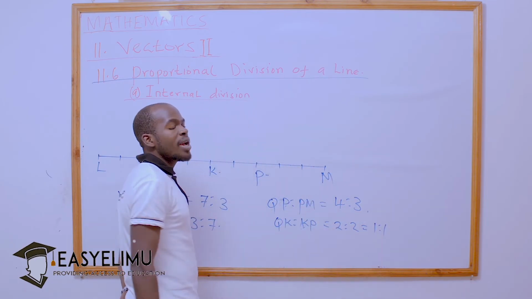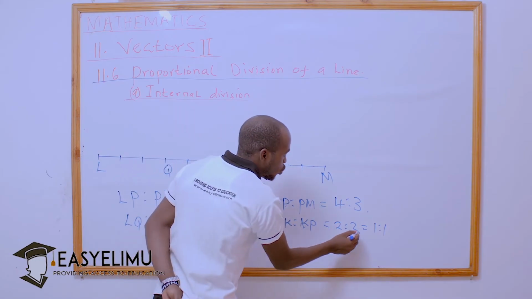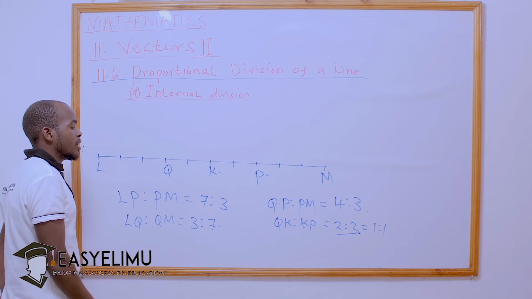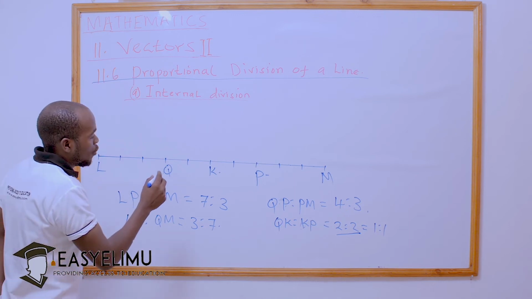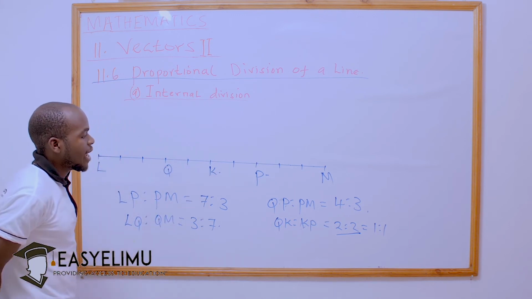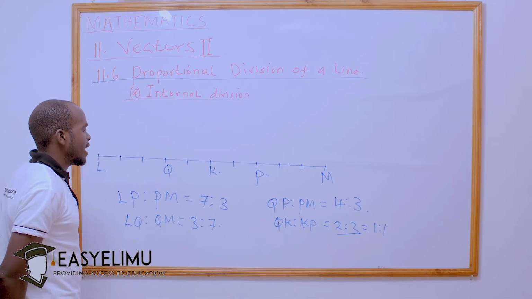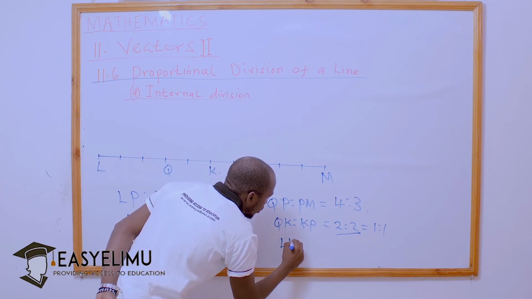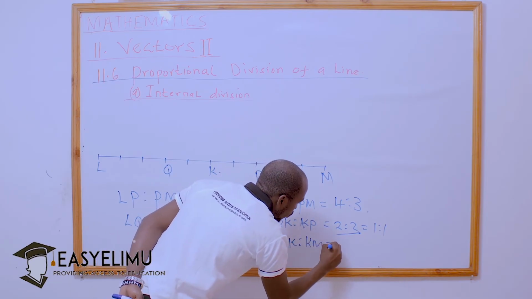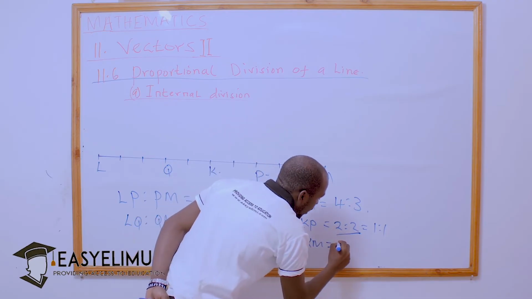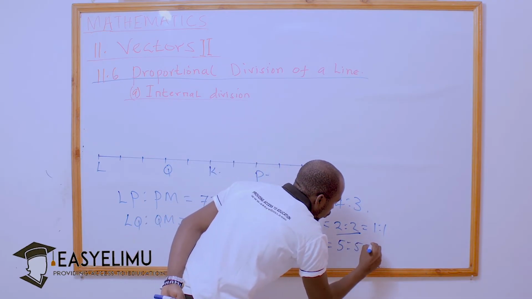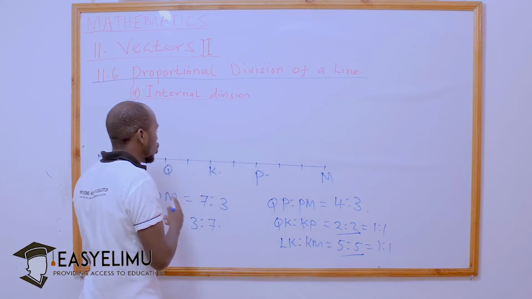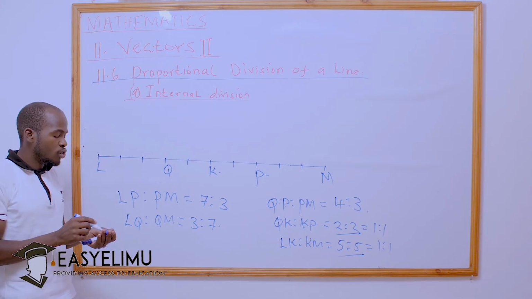But 2 to 2 is the best ratio to give, because it is the measurement which we have there. To find the division in which K divides line LM, LK to KM is equal to 5 to 5, which is the same as 1 to 1, but you give 5 to 5 because of the measurement which we are using.